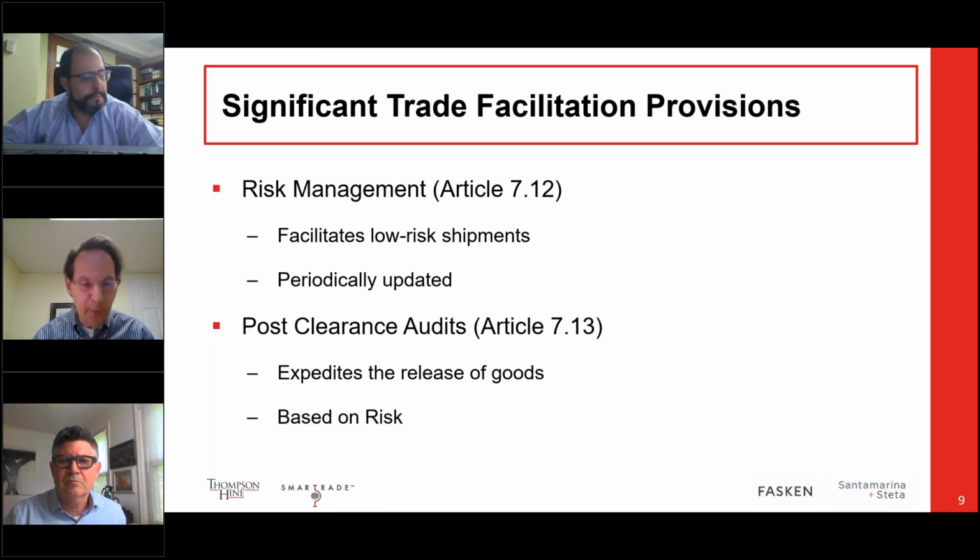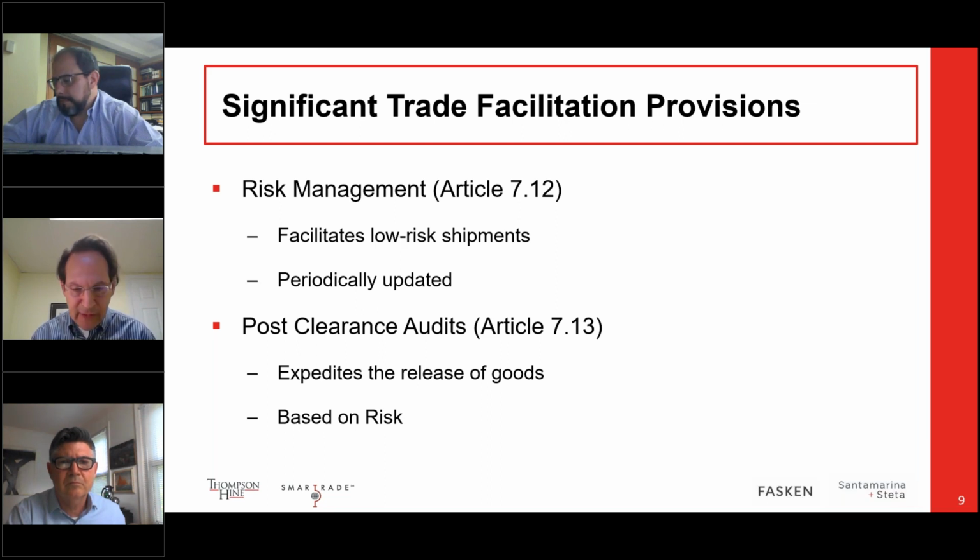I will also say that the USMCA does require countries to periodically review their management systems. Canada is in the process of reviewing its Partners in Protection program, and that's slated to be finished in 2021.